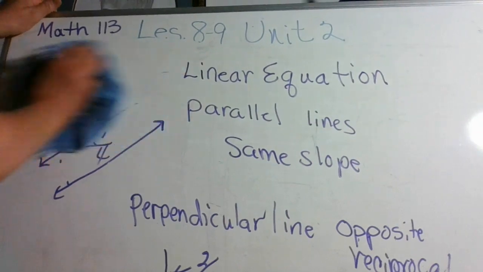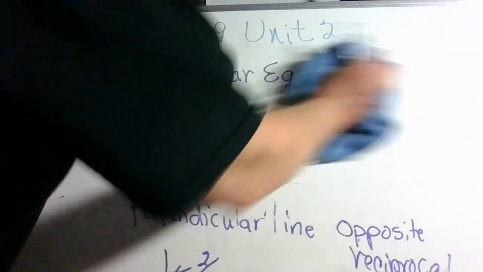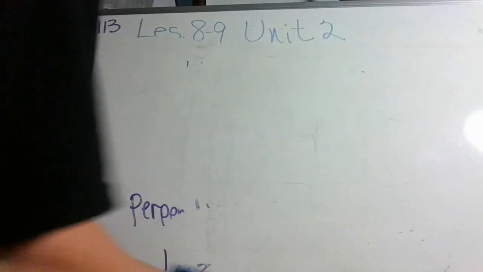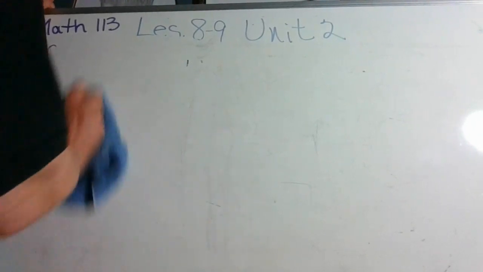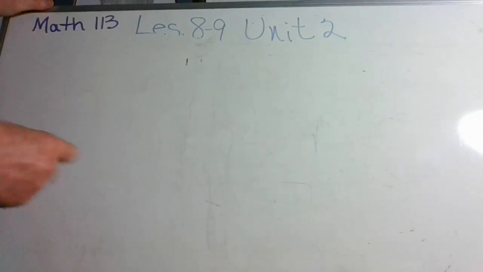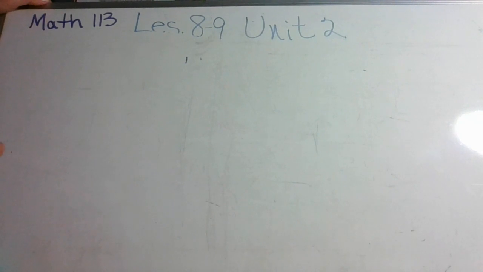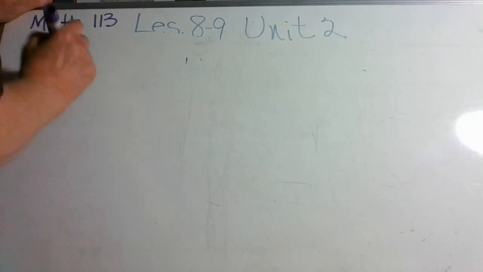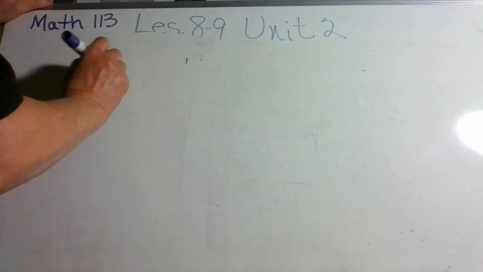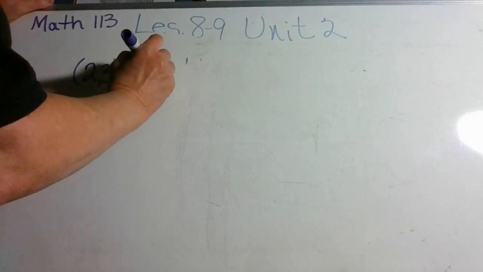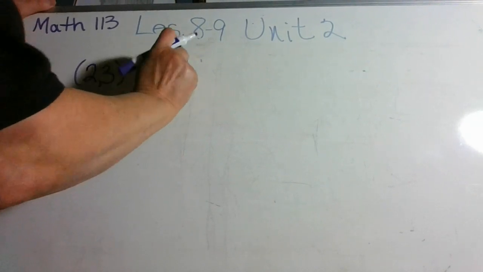Now, moving right along here, if you're given 2 points and you want to find out the slope, let's say you're given the points 2, 3, and 1, 5.